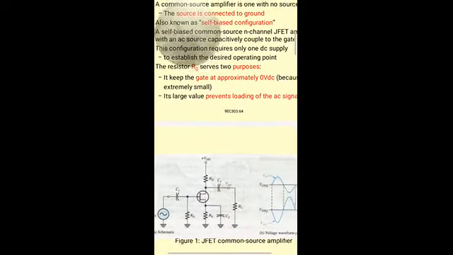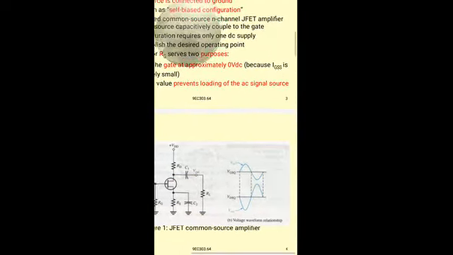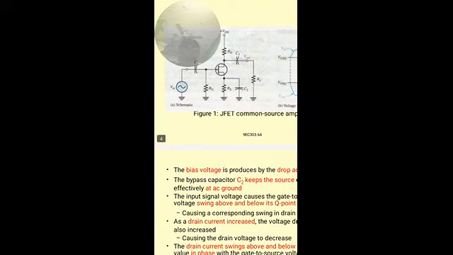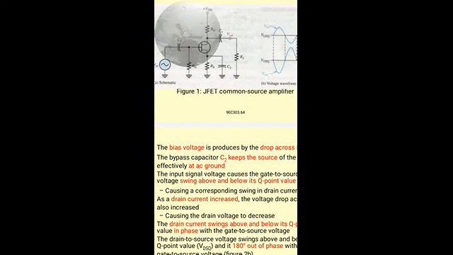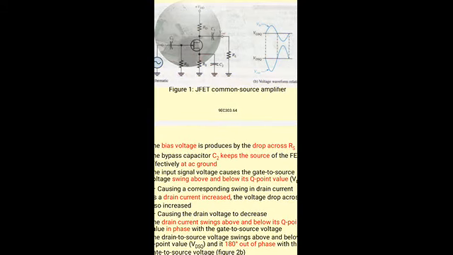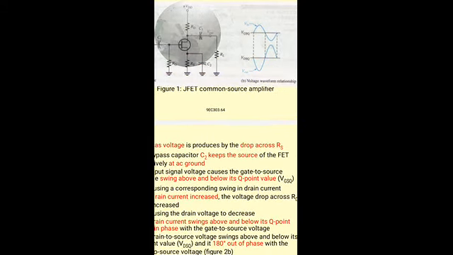Its large value prevents the loading effect of the AC signal source. The bias voltage is produced by the drop across the RS.